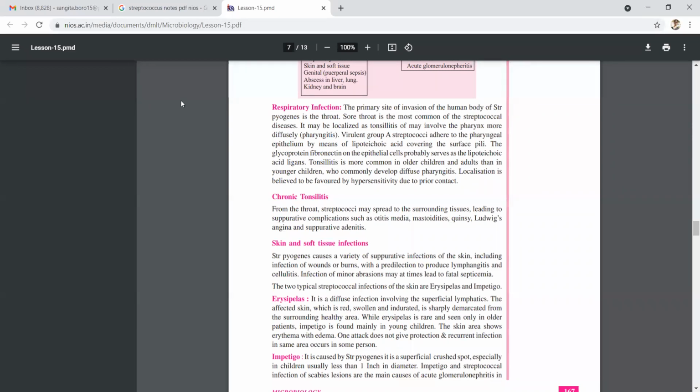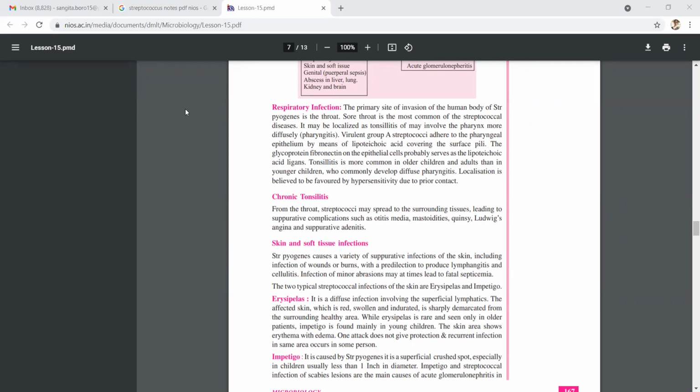The next part is skin and soft tissue infection. The skin is affected, and if a person is wounded or has a burn injury, there is a high chance of this bacteria causing infection. Then it can again spread and cause lymphadenitis, a problem in the lymph nodes, and cellulitis.